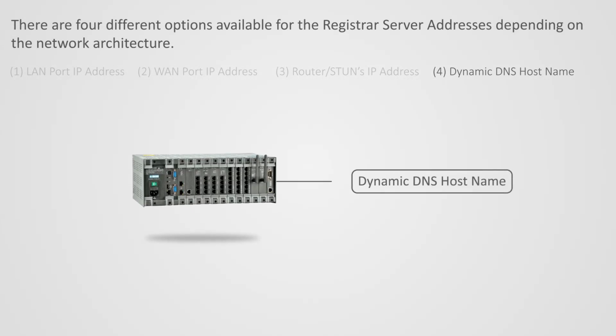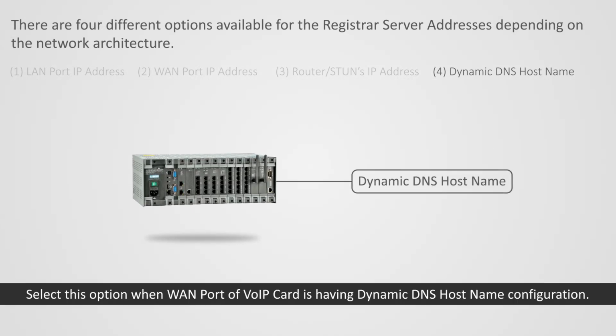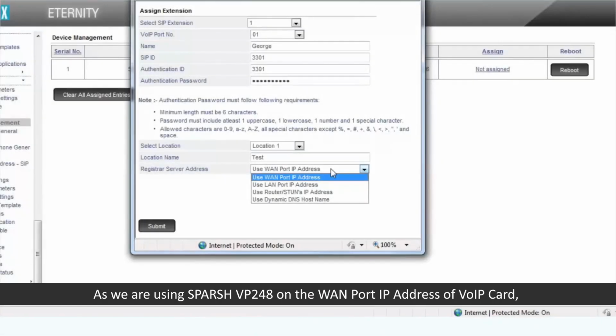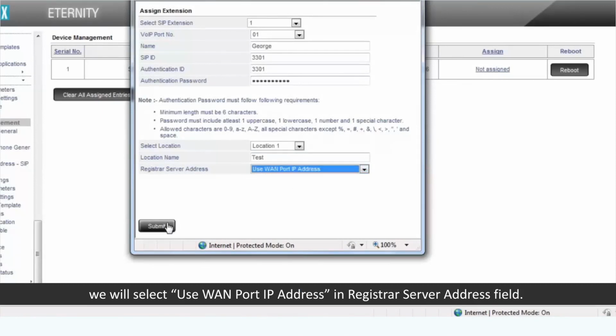Fourth, dynamic DNS hostname. Select this option when WAN port of VoIP card is having dynamic DNS hostname configuration. As we are using SPARSH VP248 on the WAN port IP address of VoIP card, we will select Use WAN port IP address in Registrar Server Address field.